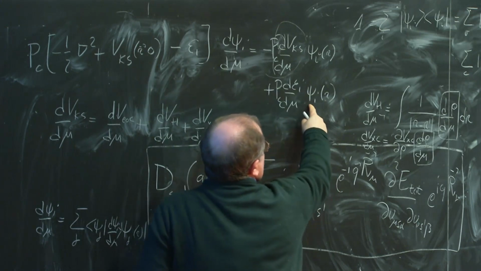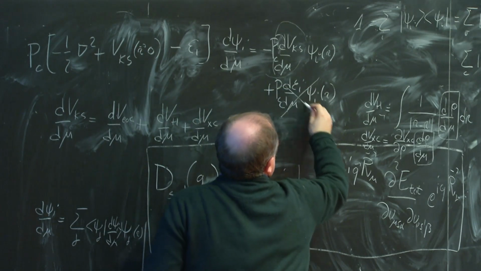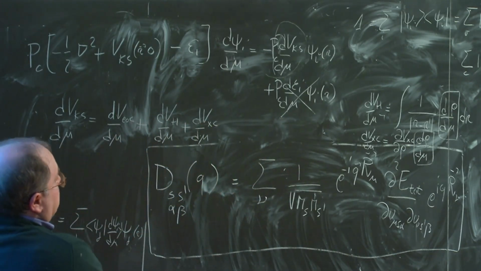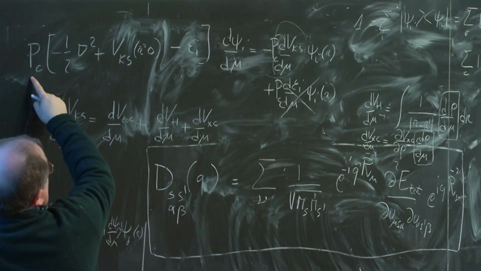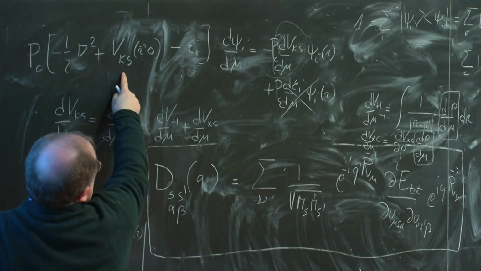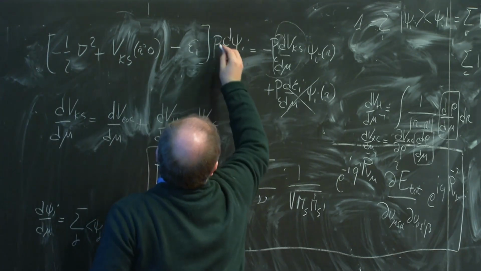Since this is a valence state, if we project in the conduction, this is 0, and so we don't have to worry about the change of the wave function with respect to a perturbation. And this projection in the conduction band commutes with the Hamiltonian. So basically we end up having it here.